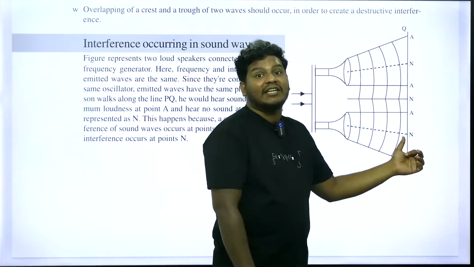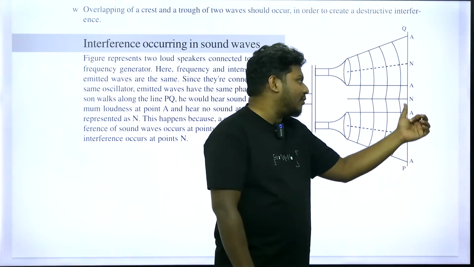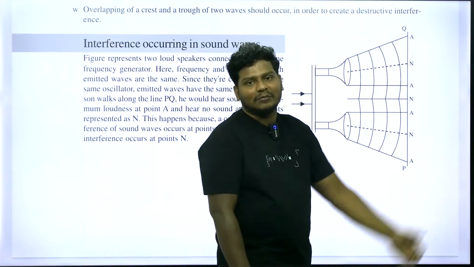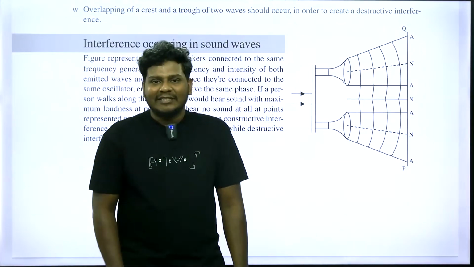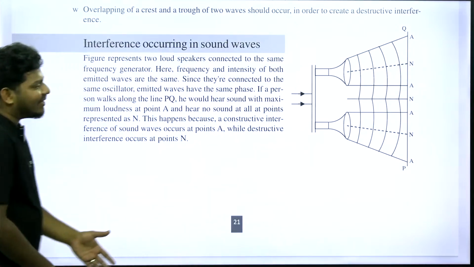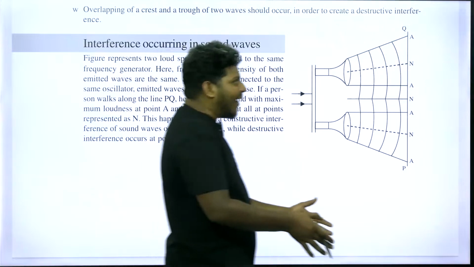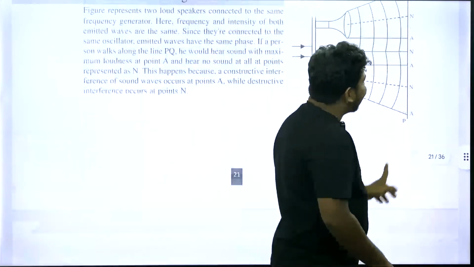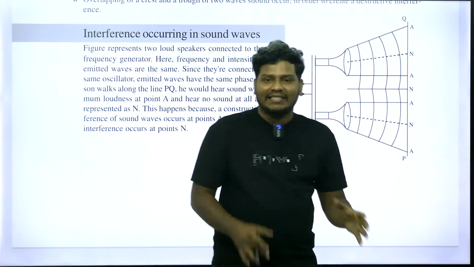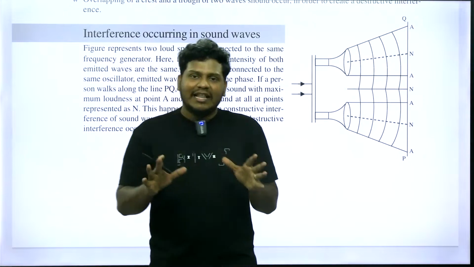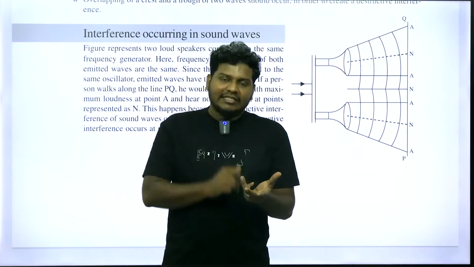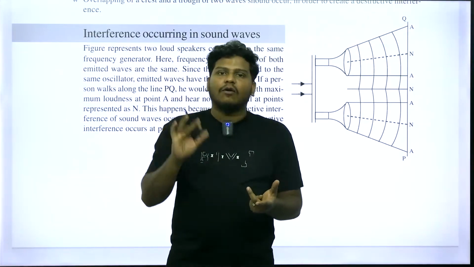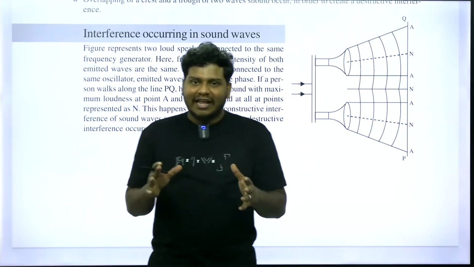Here destructive interference is happening. Constructive, destructive, constructive, destructive. So when walking along the line PQ, there will be a fluctuation in the sound: higher, lower, higher, lower.